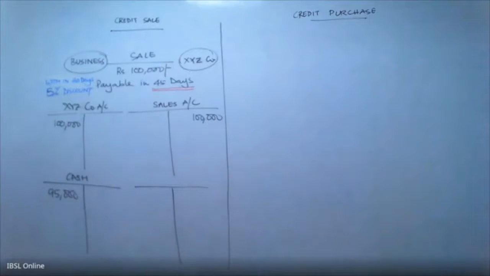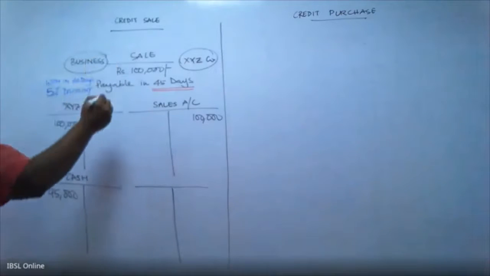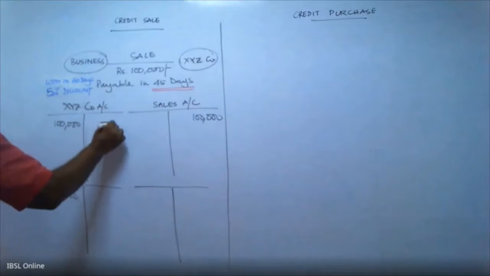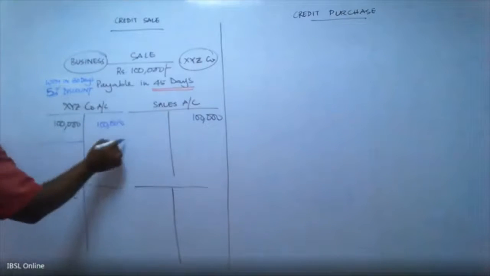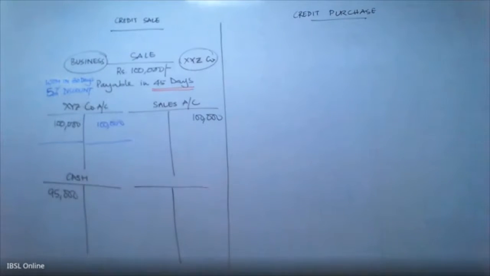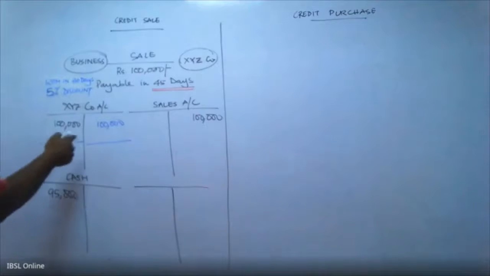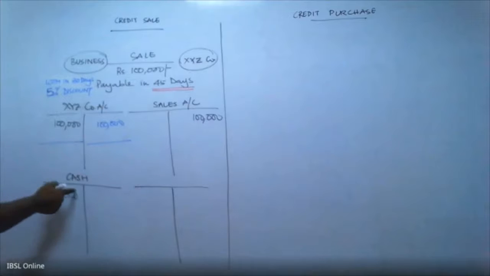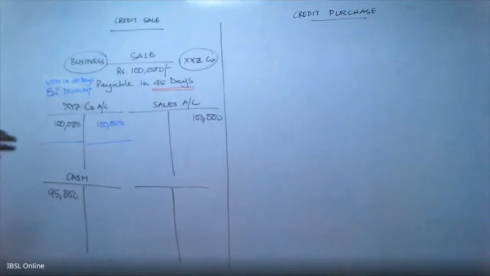Now, when this person comes and pays you 95,000, your debtor has to go out, because this has to get settled. Now, look what is happening. You are crediting 100,000, debiting only 95,000. So how will your double entry balance? Your credit is 100,000, debit is only 95,000.